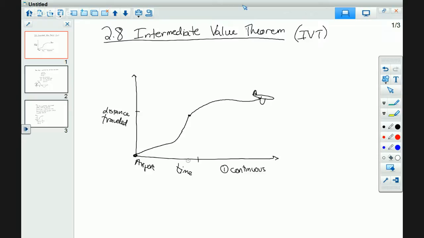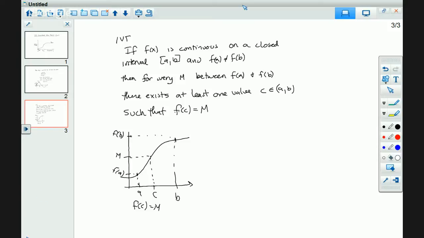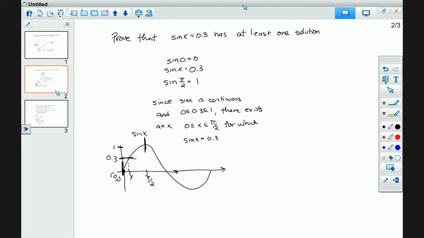Everywhere between, this would be our A, this would be our B. It's continuous, right? There's a time related to every distance. So that's the mathematical theory, perfection, goodness, whatever you want to call it. So can you see how we used it to solve this problem?